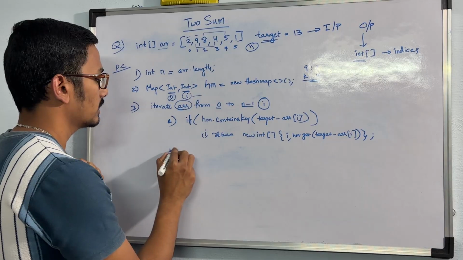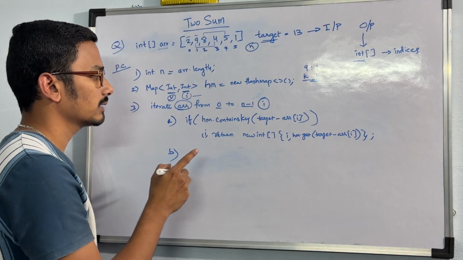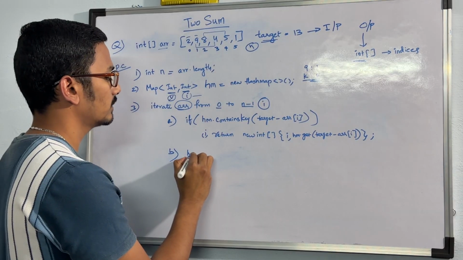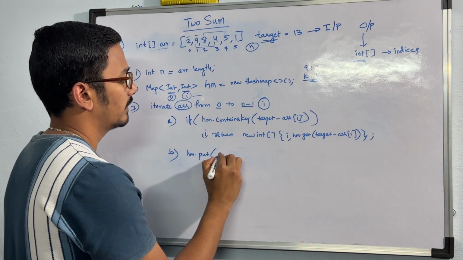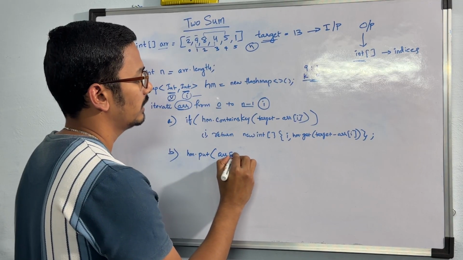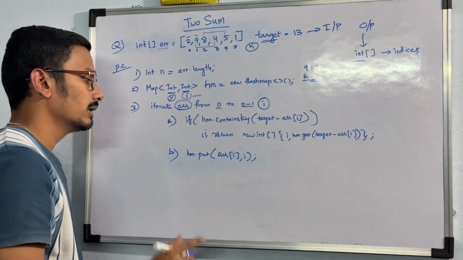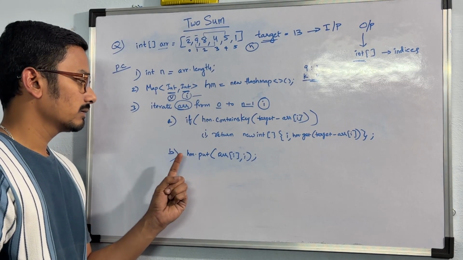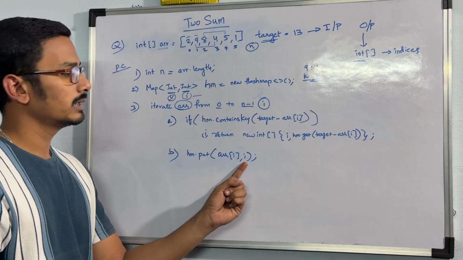And the second step is, in each and every iteration, we must not forget to put hm dot put array of I comma I. This is a basic step here. In the map we are putting that particular array element and its index.